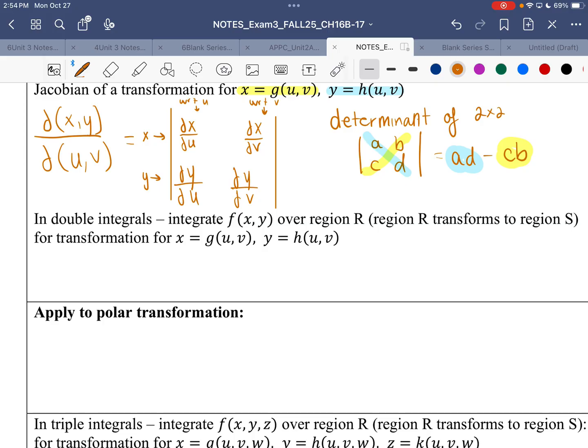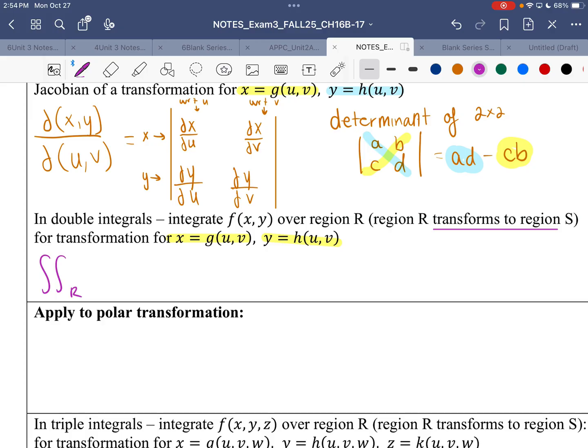So if we're doing double integrals, we're integrating a function of x and y over the region R. But R has transformed into S, where R was that ellipse and S is the circle. You have to change everything, all the x's and y's, to now be functions of u's and v's, but you also have to multiply by that Jacobian matrix.